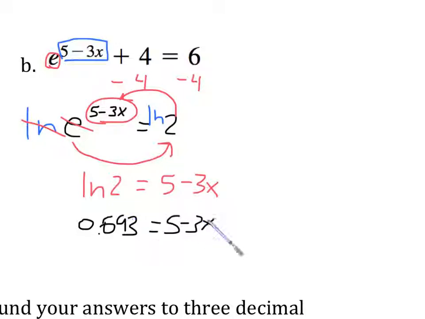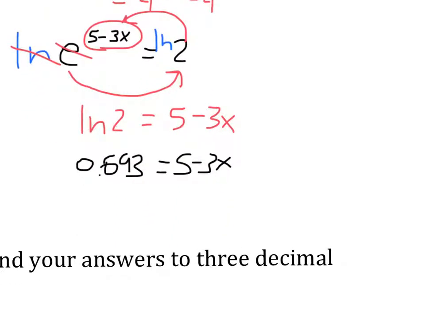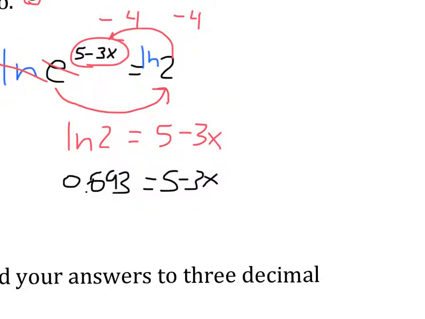You don't even have to write all that. Just with your calculator, without clearing it, subtract 5 and divide by negative 3. And in the end, when I subtract 5, divide by 3, and then take the opposite, I get 1.44.